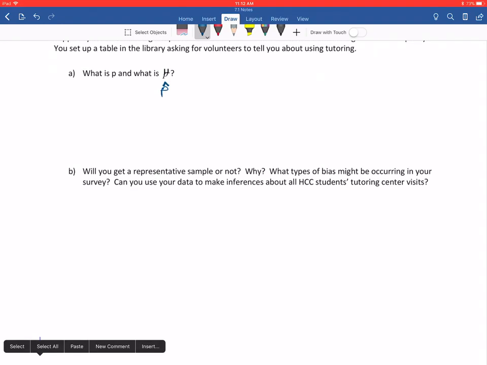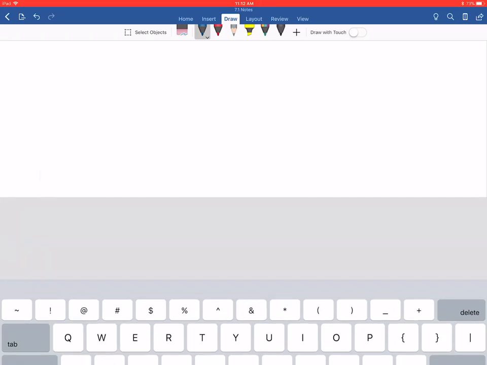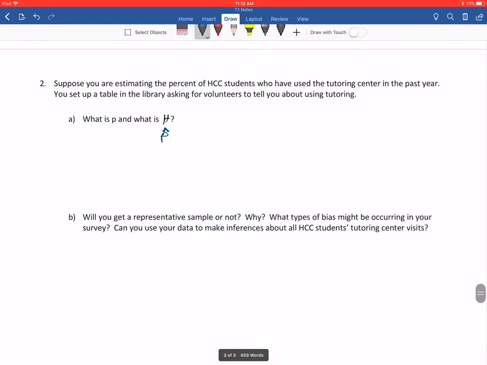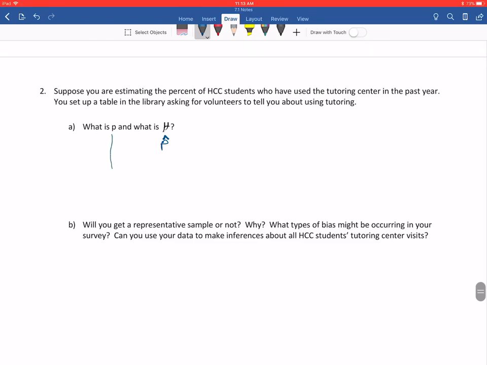So I'm just going to draw arrows here. So P, again, that is that population proportion. So this is the bigger picture, what I'm trying to estimate. So I'm trying to estimate the percent of all Heartland students who use tutoring.